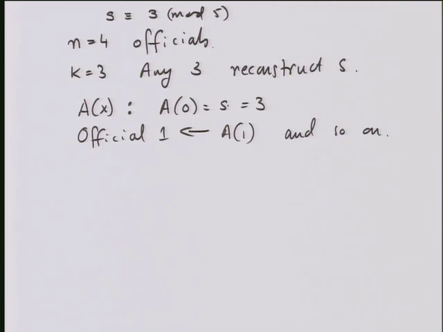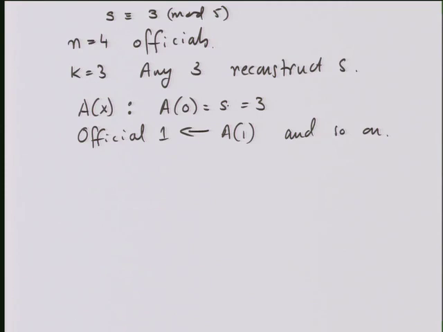Our basic property says that if you have a polynomial of degree d, then you can reconstruct the polynomial by looking at its value at d plus 1 points. So we want d plus 1 to be equal to 3, so d equal to 2.